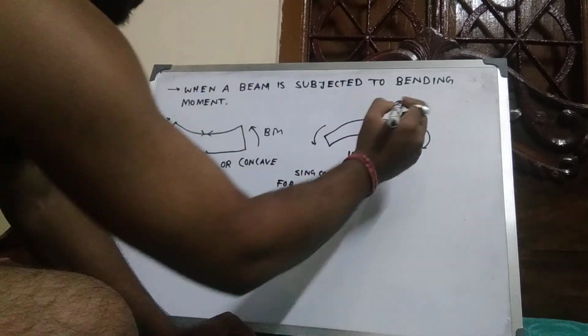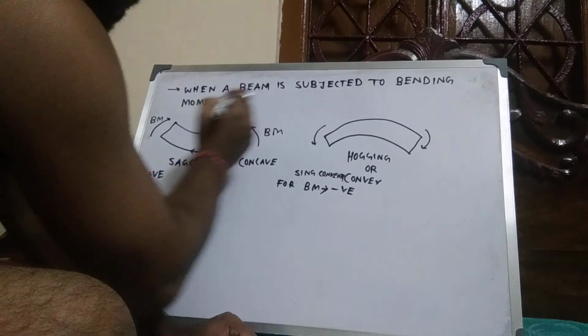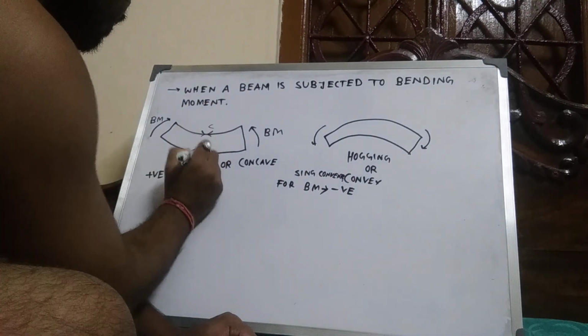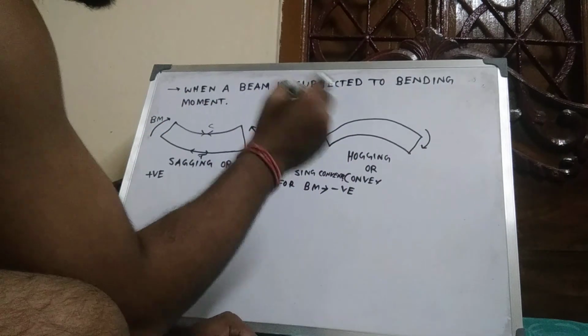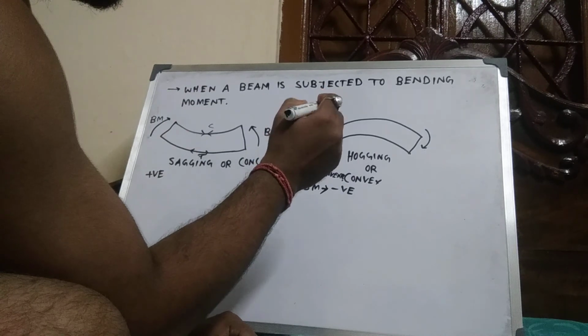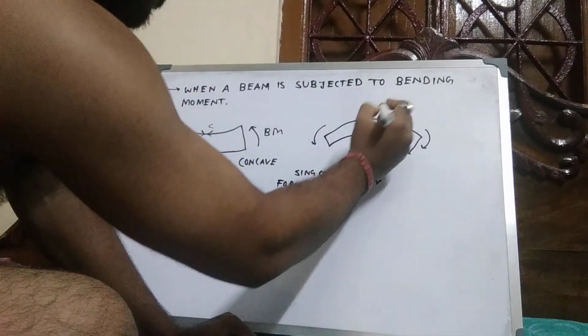In hogging, this is compressive, this is tensile, and the top fiber is tensile.